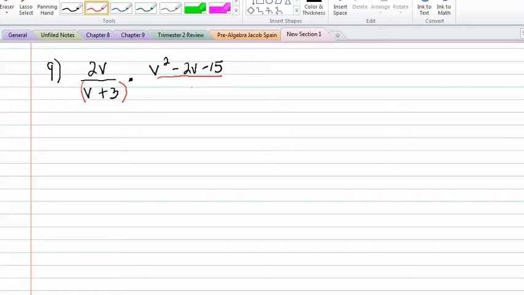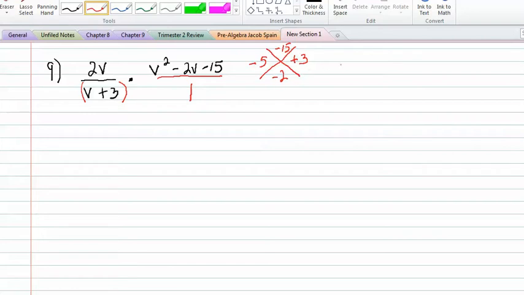Make this a fraction by putting a 1 under it, and then this one let's factor. So we have a negative 15, negative 2, one's negative, one's positive, and I think some of you can do this pretty quickly now. How about this is a 5, and this is a positive 3, because negative 5 times 3 is negative 15, negative 5 plus 3 is negative 2.